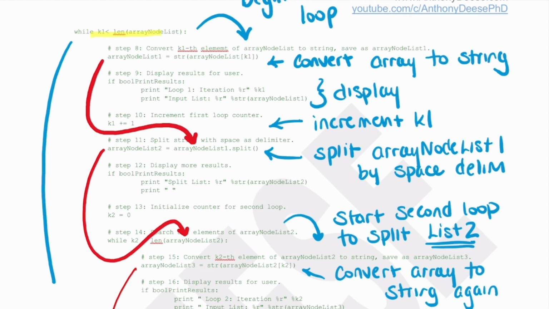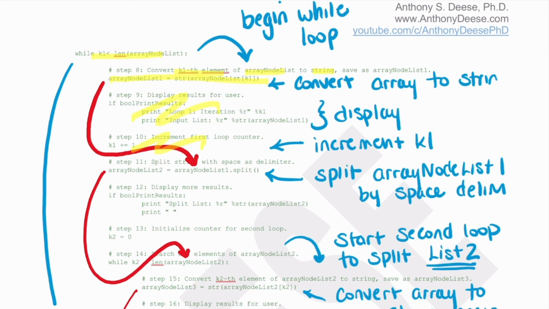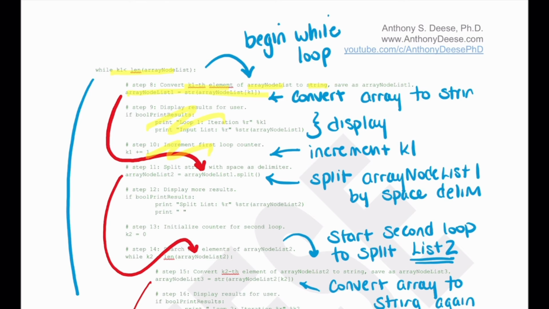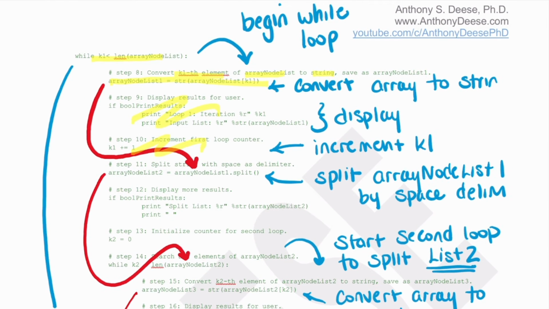Okay, and so step 8 here, we want to convert this next element from an array to a string, which is done here using the str command. We display some values to the user, and we increment our loop. Step 11 asks us to split the string with a space delimiter. Now, why are we doing that?